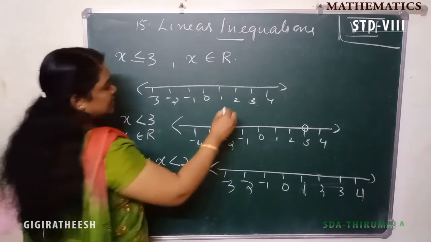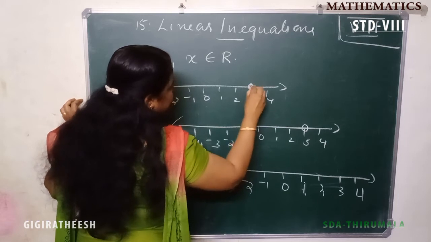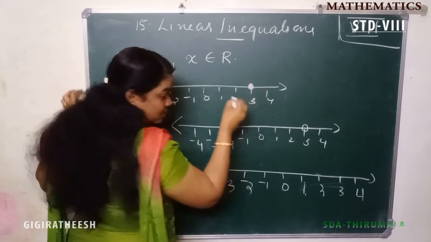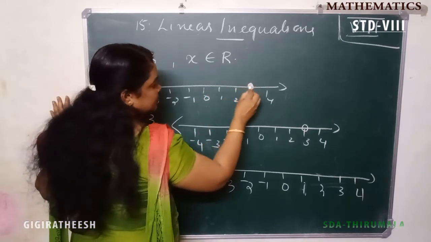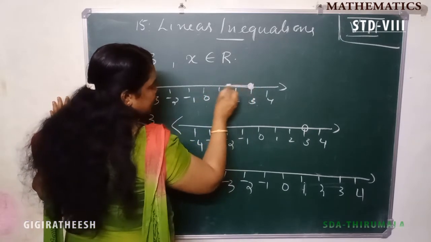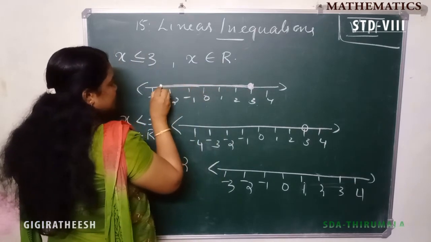Less than or equal to means we bubble 3, including 3. That is why we are bubbling this 3. Then on the left side it is less than or equal to 3.